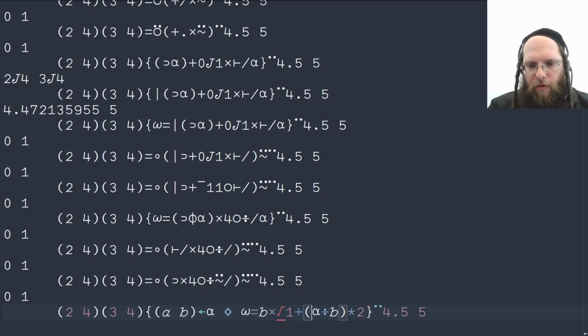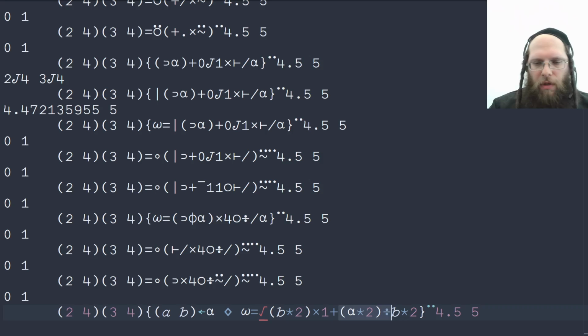Here's the square of a fraction. That's the same thing as the fraction of the two squares. We have a B outside the square root. We can get it into the square root by squaring it. Now we have 1 plus this fraction, where the denominator is b squared.